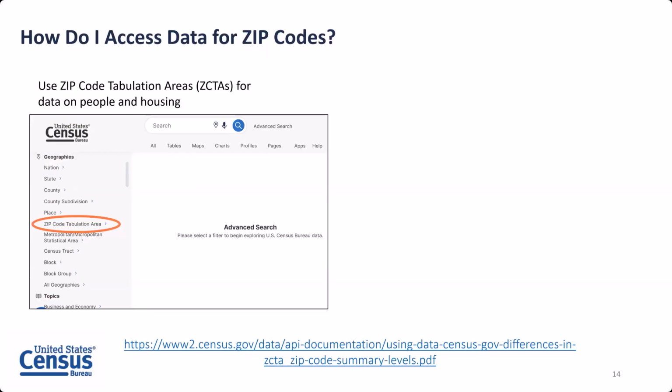You'll use ZCTAs anytime you want zip code level information for people or housing. This includes all zip code related data from the American Community Survey and the decennial census. And zip code tabulation areas are general representations of actual zip codes.